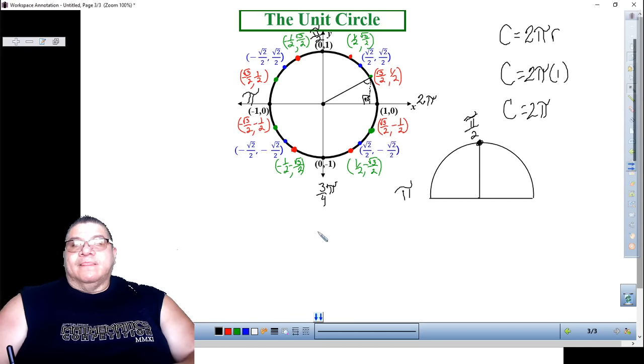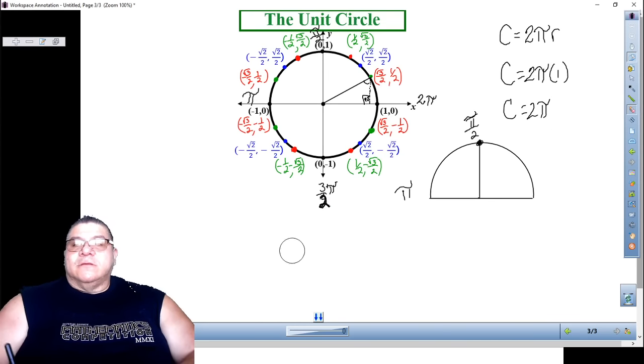Oh, my bad. It's half a pi, pi, and then we add one more half. So let's see, pi plus 1/2 pi. This is 2/2, so this is 3/2 pi, sorry. 3/2 pi. There it is.